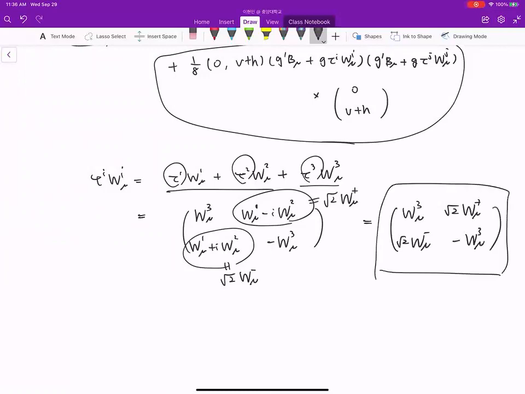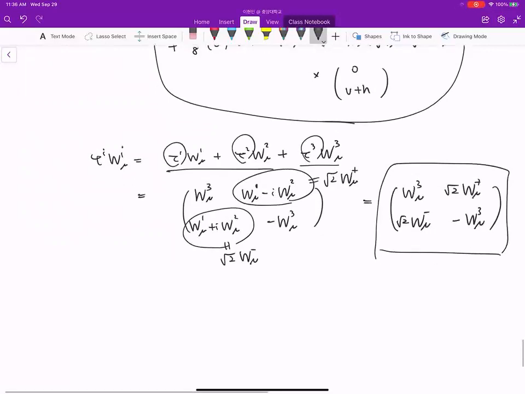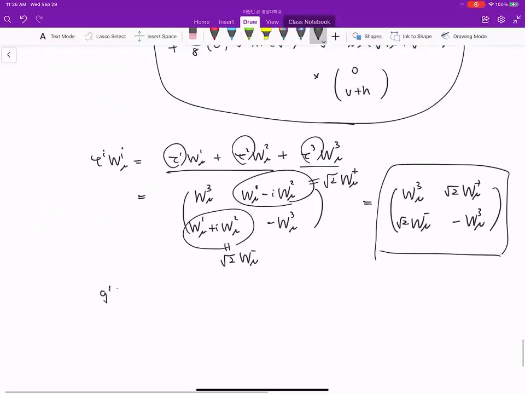So we are able to write down the SU(2) part in this 2x2 matrix form, and g prime, the hypercharge part. As I said, there is an identity, a 2x2 identity. So just g prime, because the hypercharge is the same for up and down in the doublet.